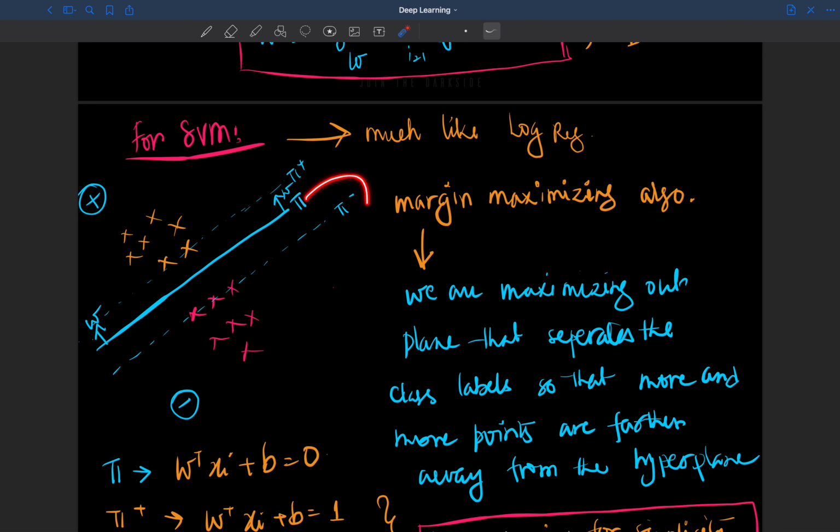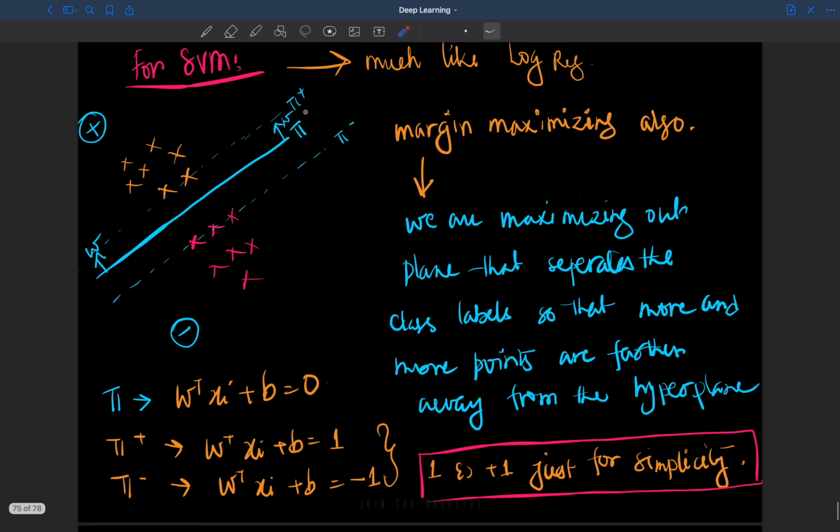So the equation of our main hyperplane is w transpose xi plus b, where b stands for bias. This is our classic equation of our primary hyperplane. Let's just say this distance is d, this one is d.